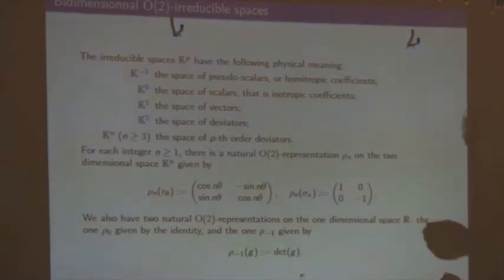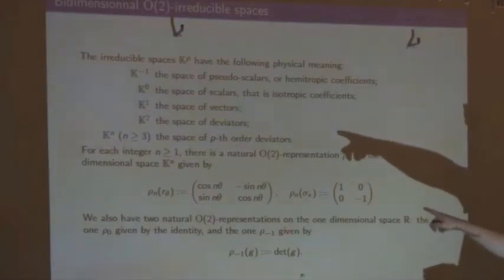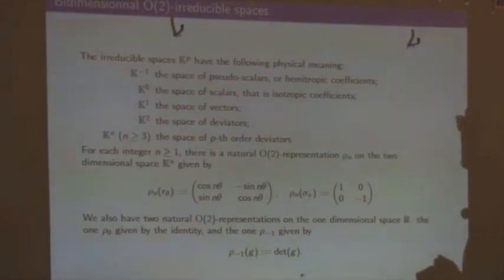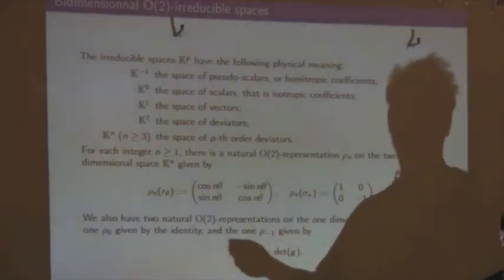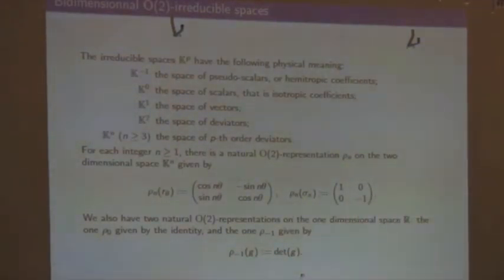If I take a rotation by angle theta, it will act on an irreducible space of order n as a rotation of n theta. If I turn my matter by an angle theta, all these different spaces will turn at different speeds, and the speed is proportional to the order of your tensor space.